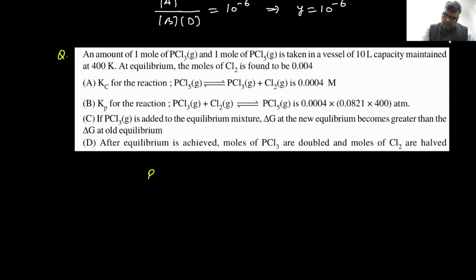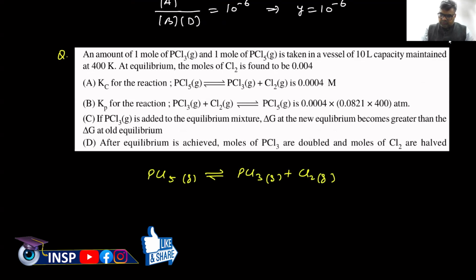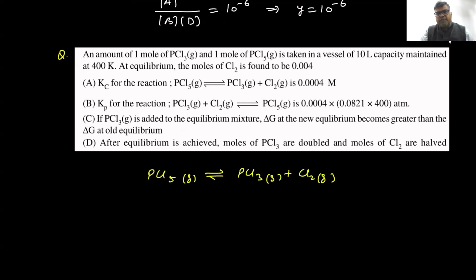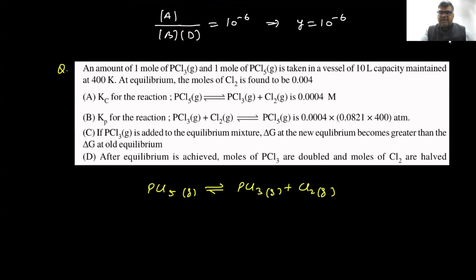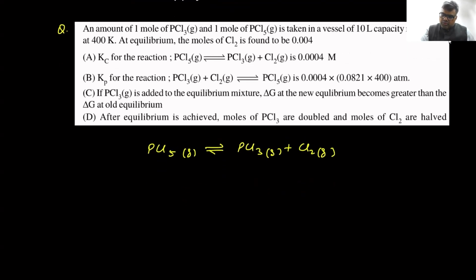So first thing, all of you must notice that in this the equilibrium constant is not given, but the moles of Cl2 are given, a very small value. So we have 1 mole of PCl3 and PCl5 in the starting, and the vessel capacity is 10 liter. So the concentration is 0.1 each in the beginning, and Cl2 is 0 in the starting.